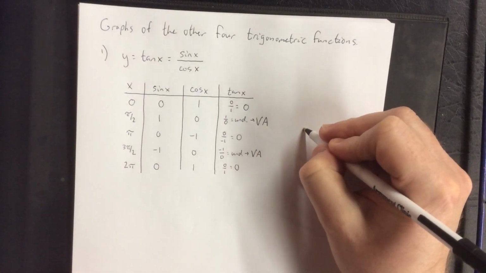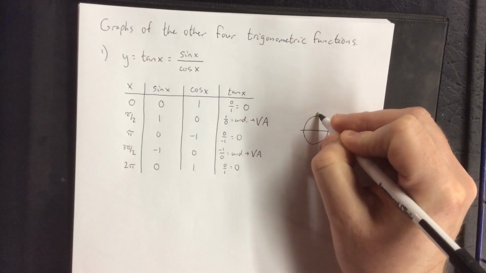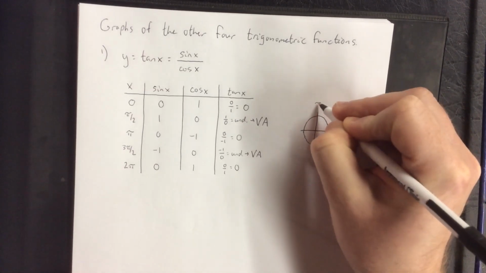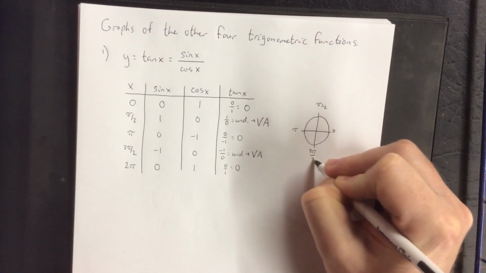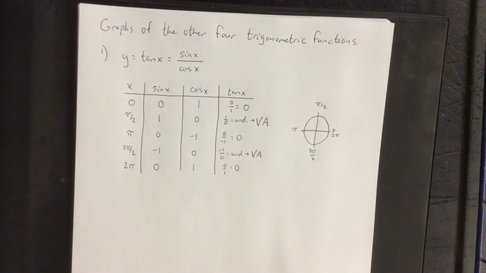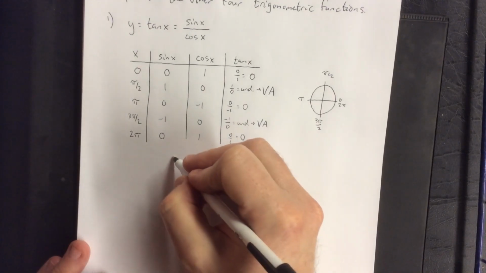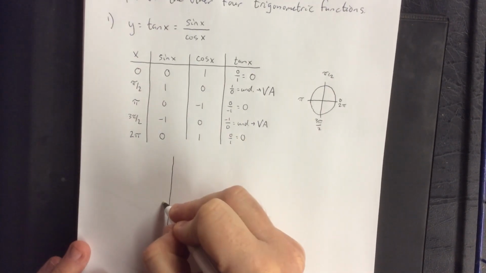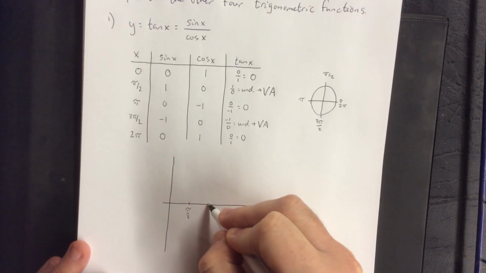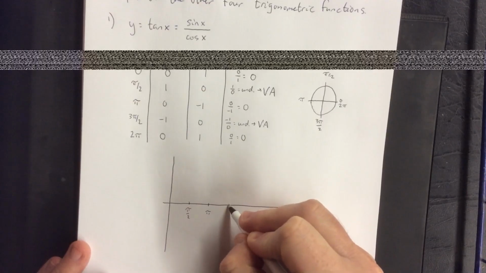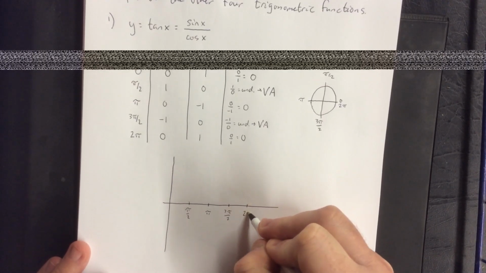Now I'm going to be referencing the unit circle angles as we're putting together this graph. So over here, I'm going to put my unit circle so that we can talk about the individual quadrants associated with each of these quantities. Now this is actually going to give us the first two full periods of the tangent function. Here's pi over 2, pi, 3 pi over 2, and 2 pi.